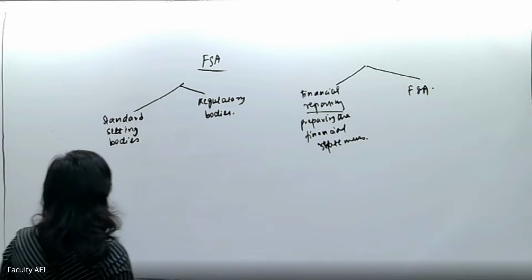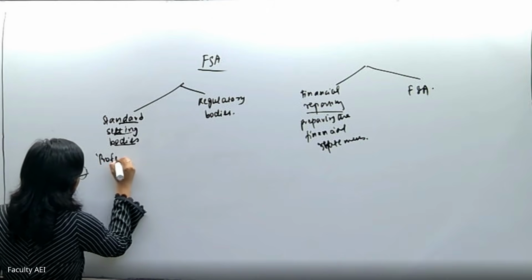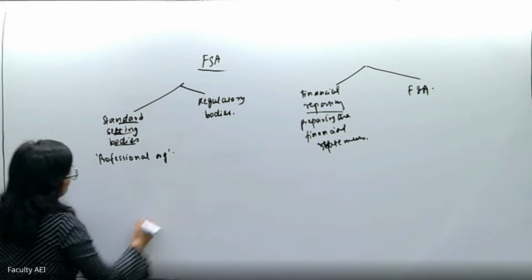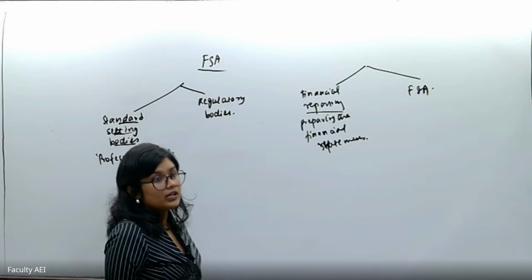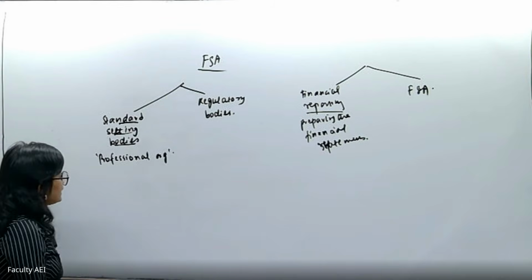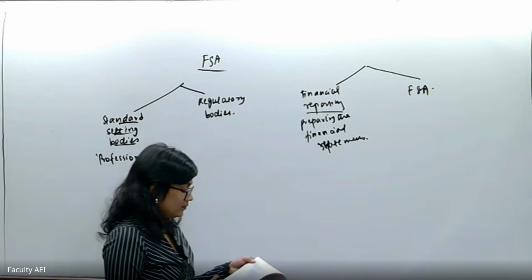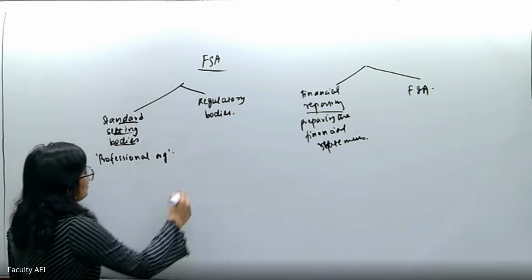Standard setting bodies are what? These are professional organizations. Standard setting bodies consist of professional organizations, like people who may have completed or gotten the required degree. So these bodies make standards which are expected to be followed by people under the professionals.